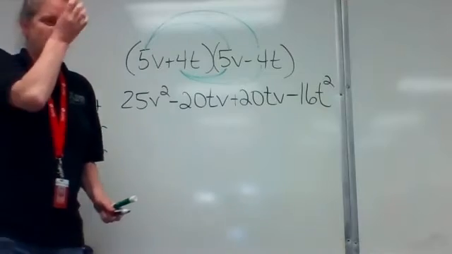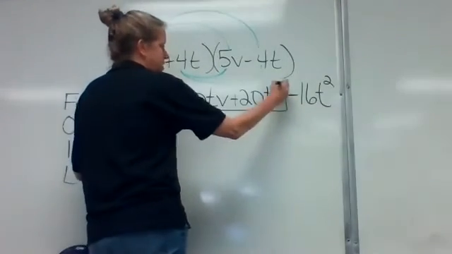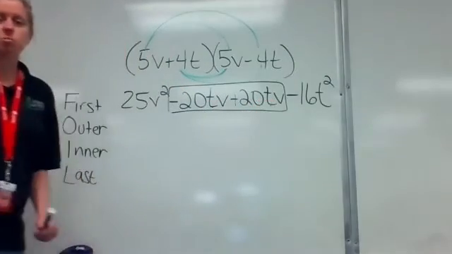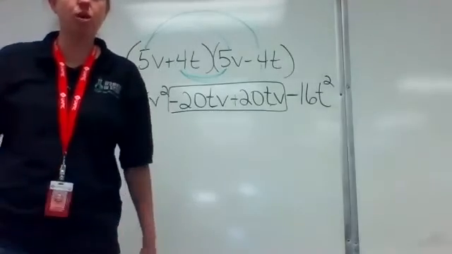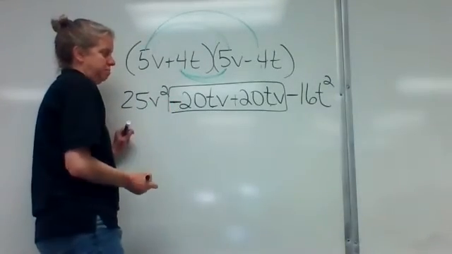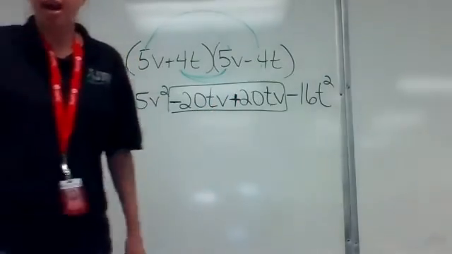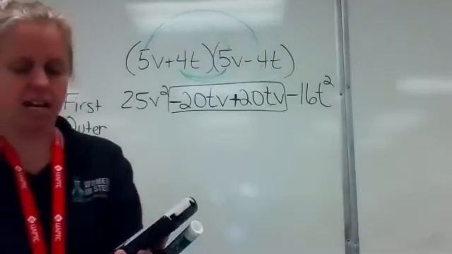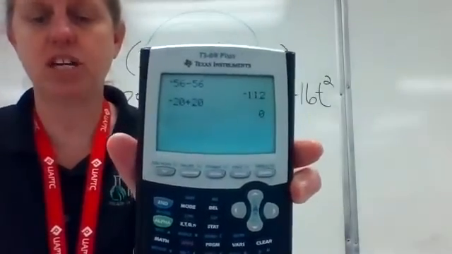Now, here's why I said I like to write the letters in alphabetical order: now look at the middle two terms. They're both TVs, which means they are the same kind of term, which means I do want to put them together. Here I've got negative 20 of them, and here I have positive 20 of them. And even if you weren't sure and you type that in your calculator, negative 20 plus 20, look what it gives you.